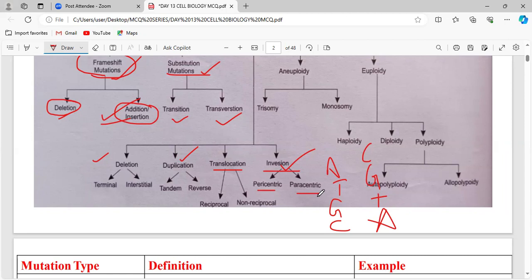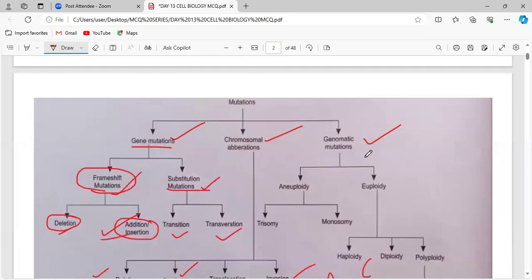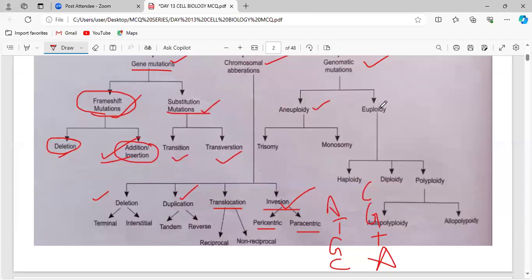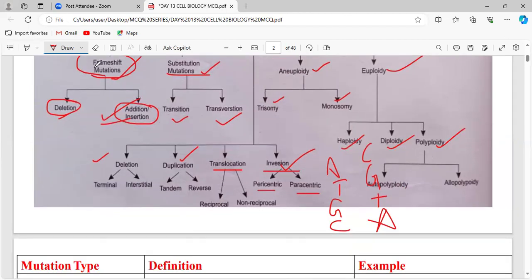Based on the position of the centromere, we categorize them as pericentric and paracentric. In genomic mutation, we have aneuploidy and euploidy. In aneuploidy, we have trisomy and monosomy, and in euploidy, we have haploidy, diploidy, and polyploidy. Polyploidy is further categorized into autopolyploidy and allopolyploidy.